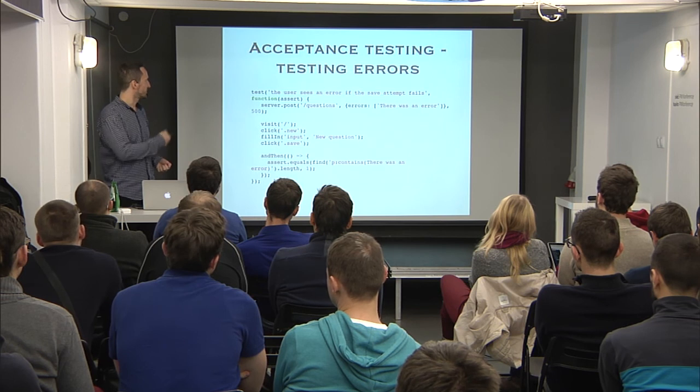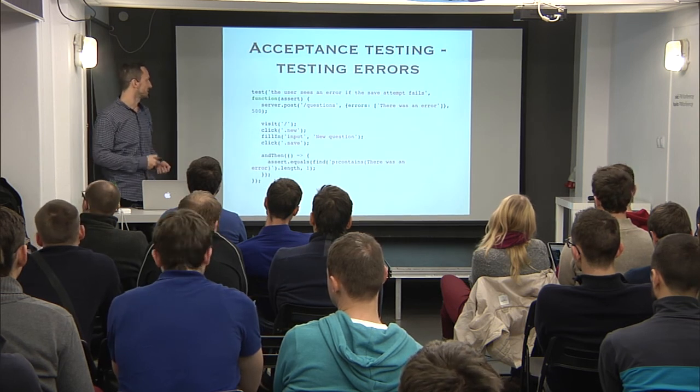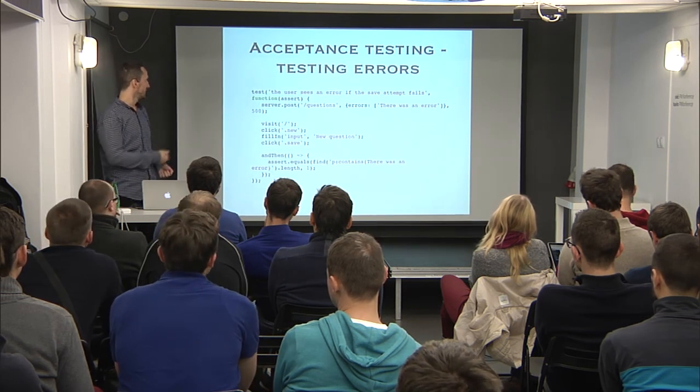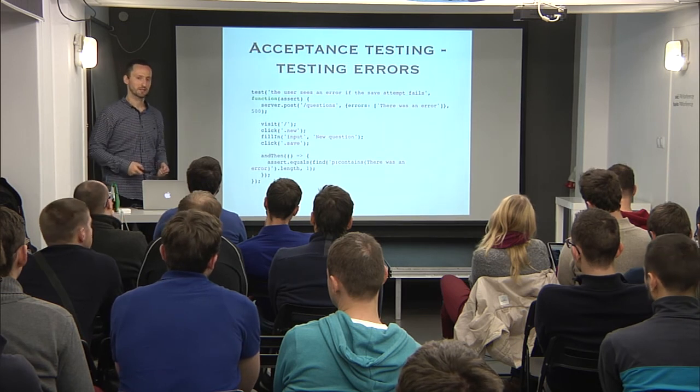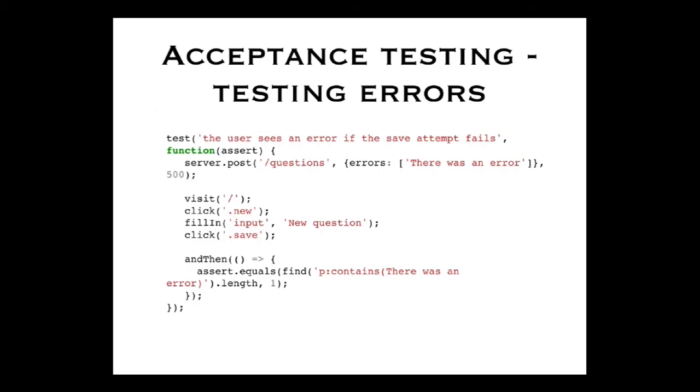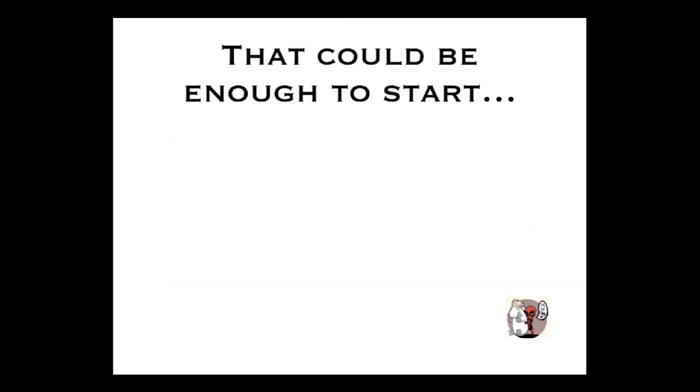It will just return whatever you pass it. So here you return the error, and through that you can check that when your application gets the error after saving something, that your front end responds in a correct way, like displaying flash messages or changing style. Like here, see that there was an error.